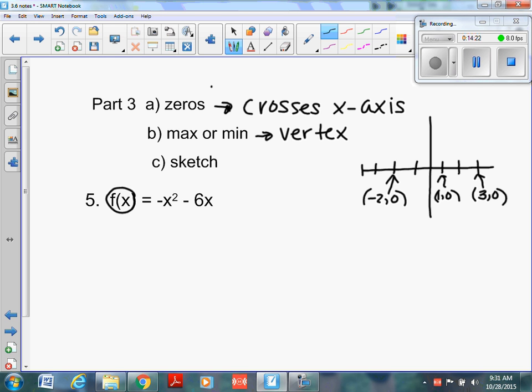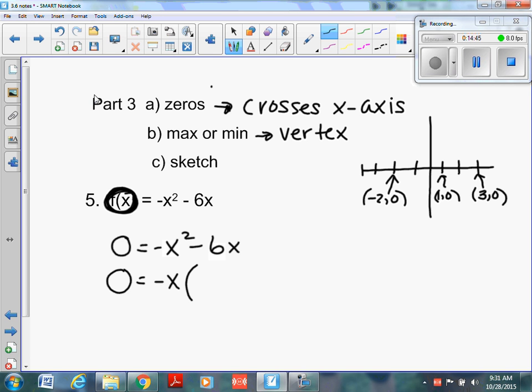So you're going to make a big fat 0 right here, and you're back to factoring, like we did, I think, in chapter 1. You set your y equal to 0 so you can figure out where it crosses the x-axis. It's going to cross the x-axis in 2 spots because it's a square. I'm going to take the GCF out, which is a negative x.